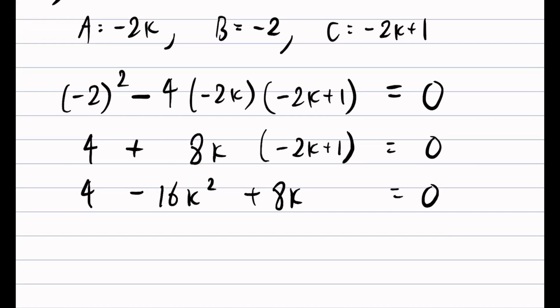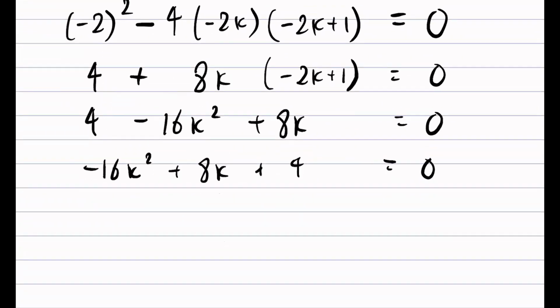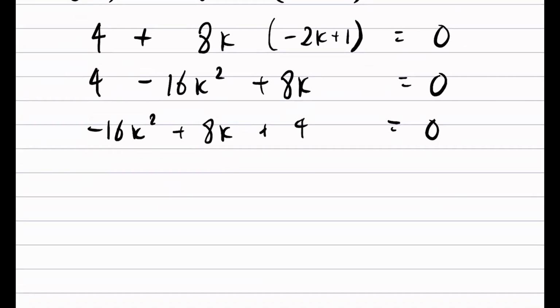Let's rearrange it to negative 16k squared plus 8k plus 4 equals 0. Then divide by negative 4: positive 4k squared, negative 2k, negative 1 equals 0. Then I think you can solve already.